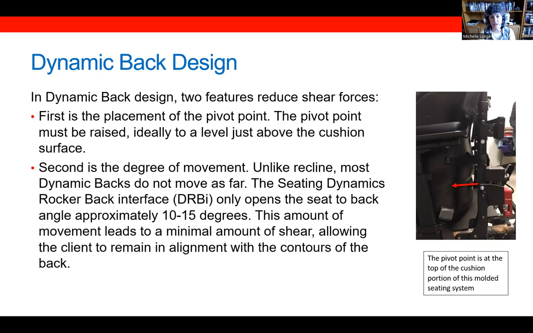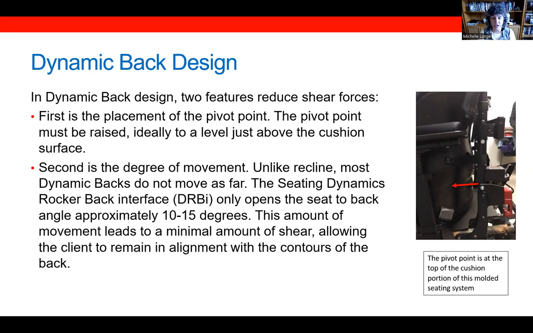The second design consideration is degree of movement. Now, reclines sometimes can go back until the person's pretty much laying flat supine. But dynamic backs don't move that far. The Seating Dynamics rocker back moves about 10 to 15 degrees, just enough to diffuse those forces, but not allow the client to move to a point where shear is more likely to occur.